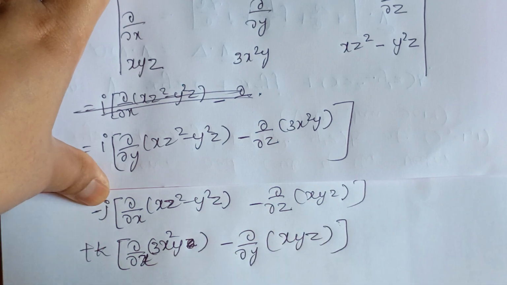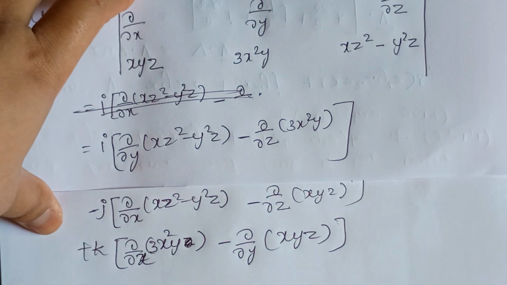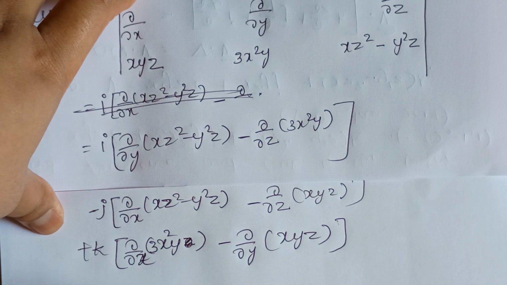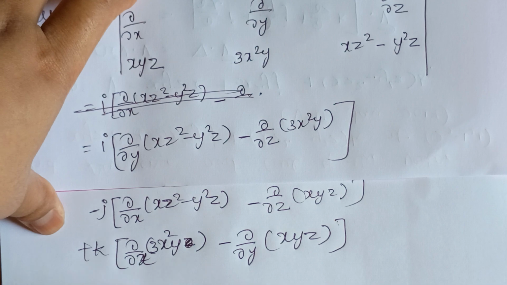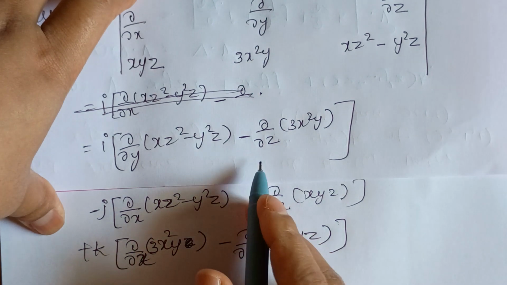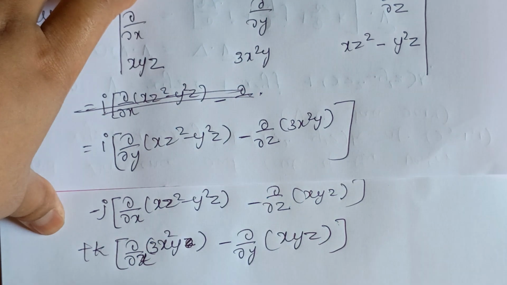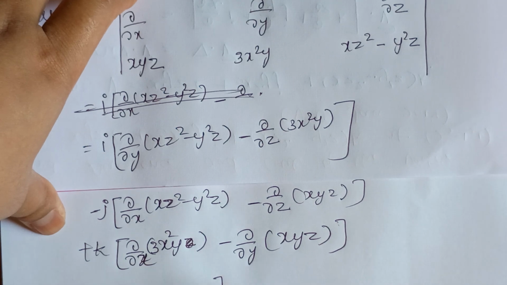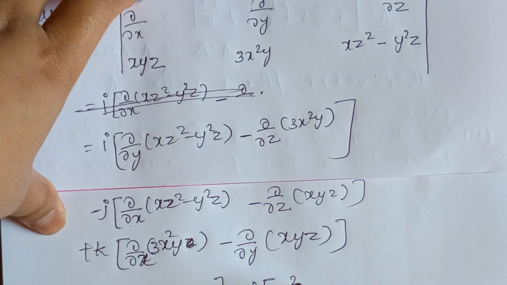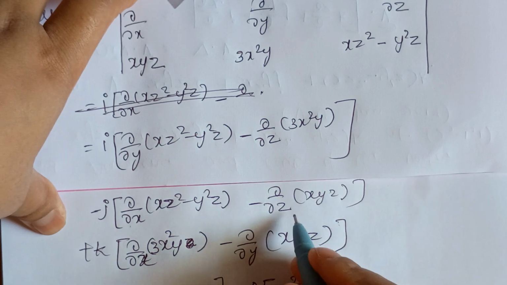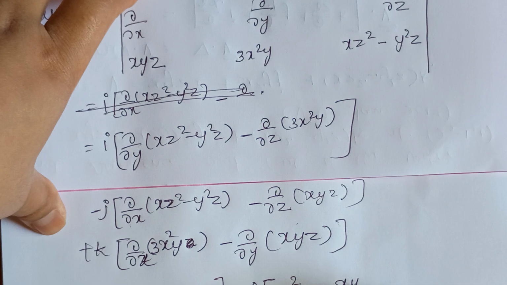Done. Now after simplifying this, i times differentiating with respect to y, so minus 2yz, differentiating with respect to z, so it's 0. Minus j, so differentiating with respect to x, z², minus differentiating with respect to z, xy.